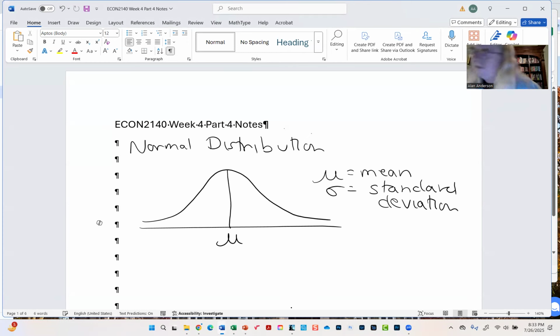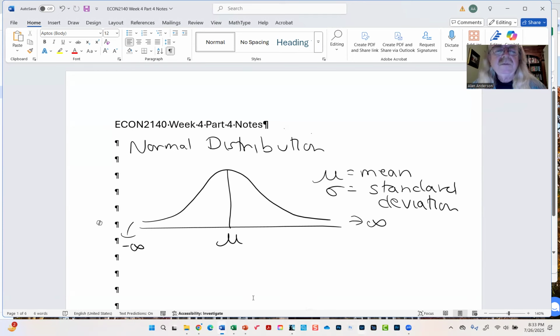The mean is in the center, of course, and as you saw in the last session, the standard deviation determines how spread out the curve is, but no matter how spread out it is, it still takes the form of this bell-shaped curve. It could be a very tall bell-shaped curve or a very flat bell-shaped curve, but it's always a bell-shaped curve. Also don't forget that it goes all the way out to infinity on the upside and negative infinity on the bottom. Also, it's symmetrical about the mean. The entire area under this curve is equal to 1 because that's the probability. And then on either side of the mean, we have a probability or area of a half.